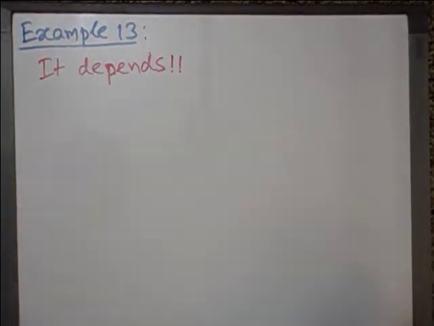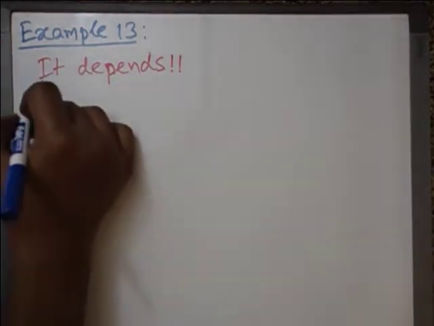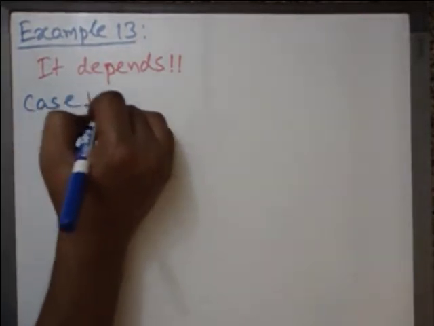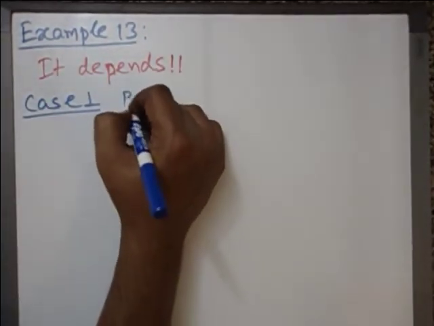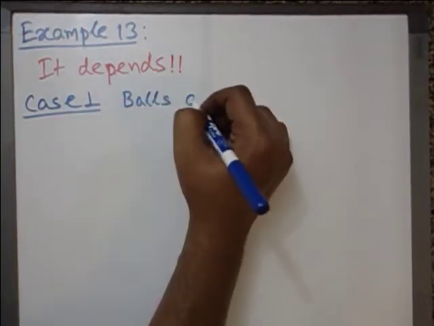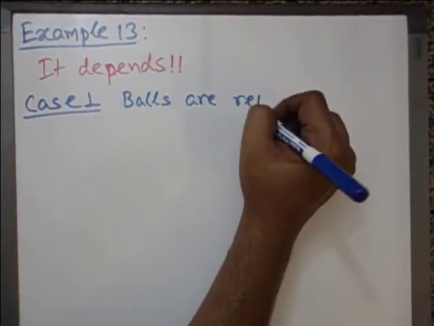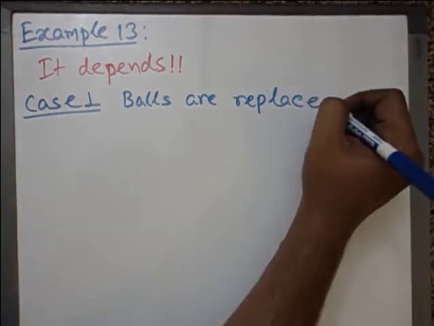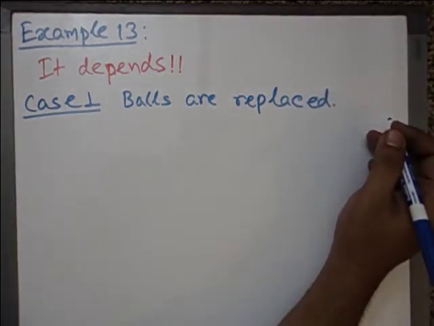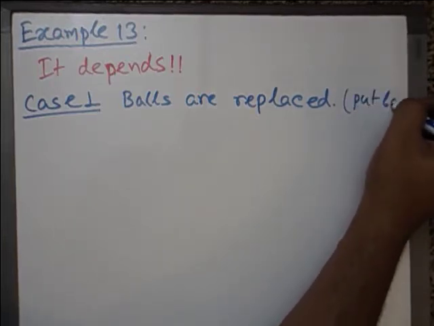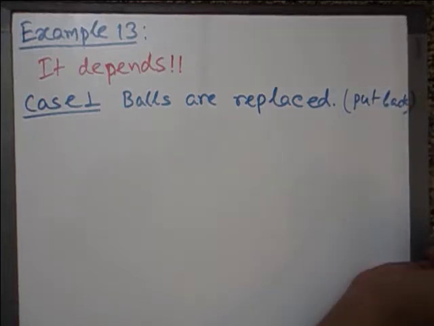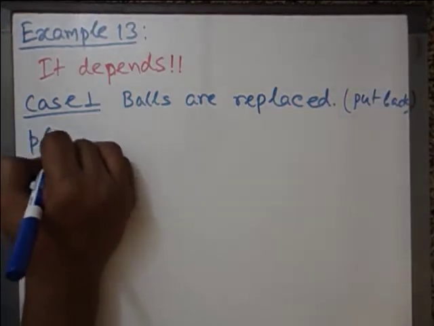Okay, so for that we take the first case. Case 1 is balls are replaced. That means once you draw the first ball, you check its color and then you put it back. Okay, so in that case, what is A?